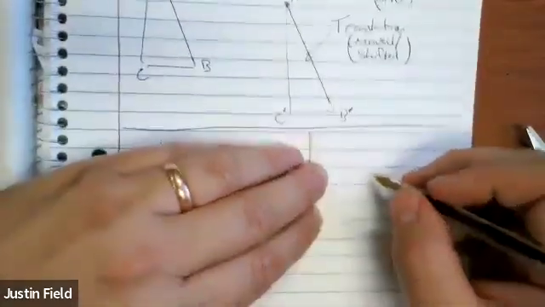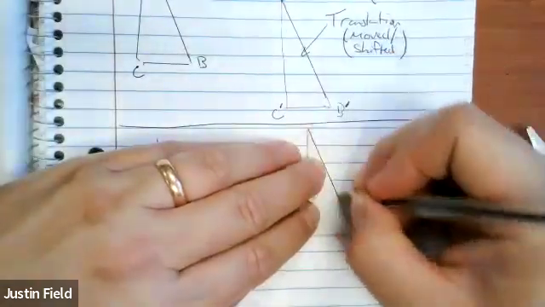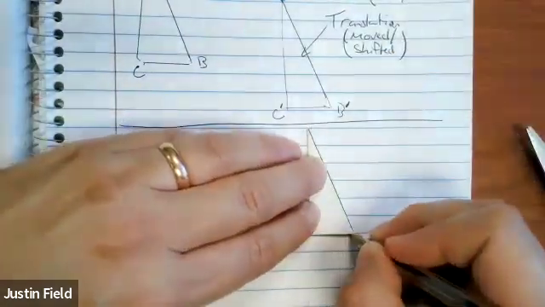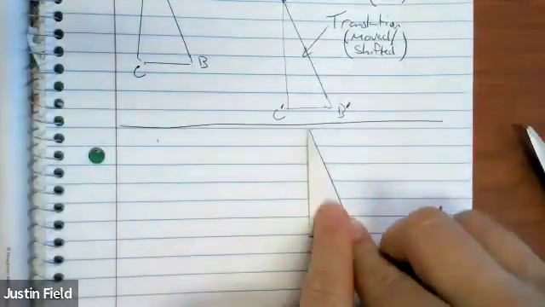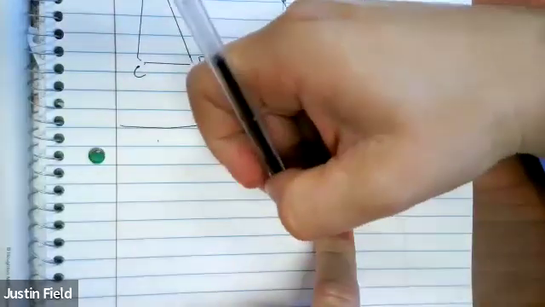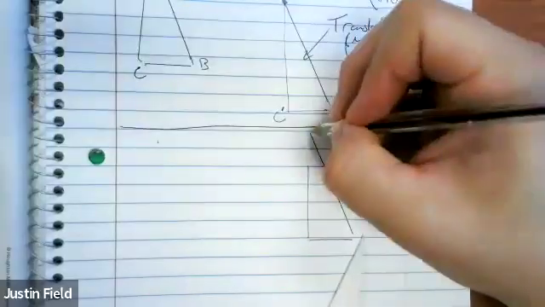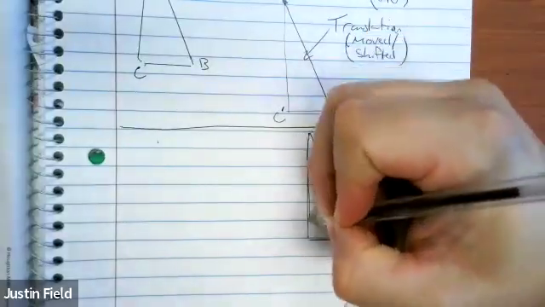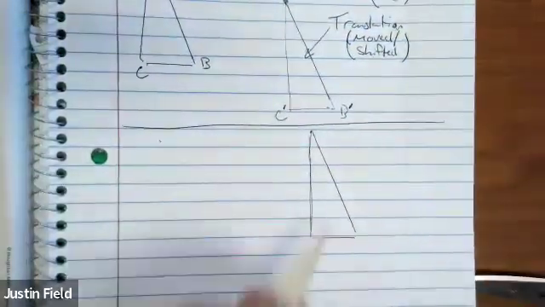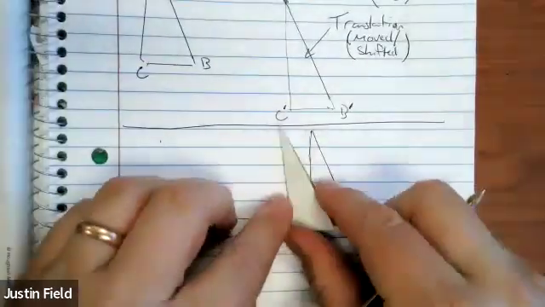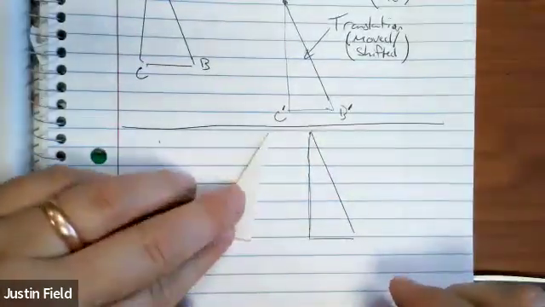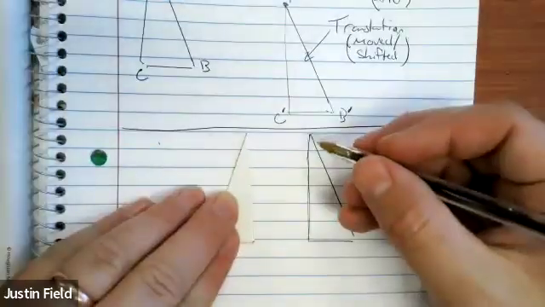So now I'm going to start over here, tracing my triangle again. And now I'm going to take this triangle and reflect it. I'm going to flip it over.